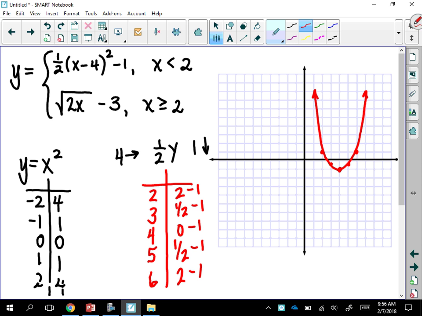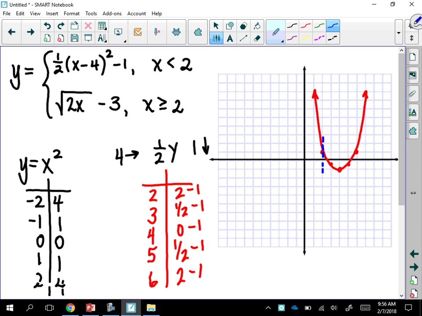I don't want the entire parabola though. I'm only keeping the part where x is less than 2. So here is where x is 2. What part am I keeping? Left or right? The left, right? Because I want x less than that.